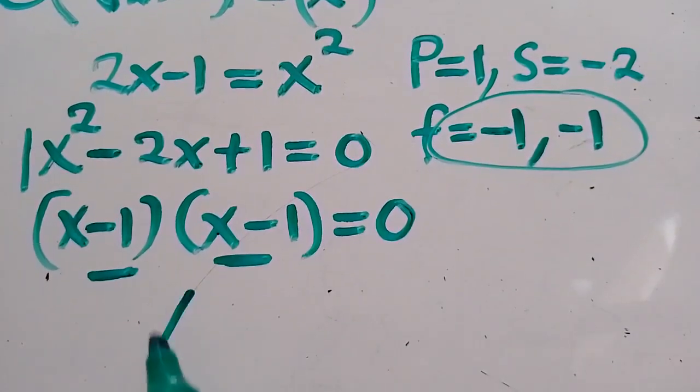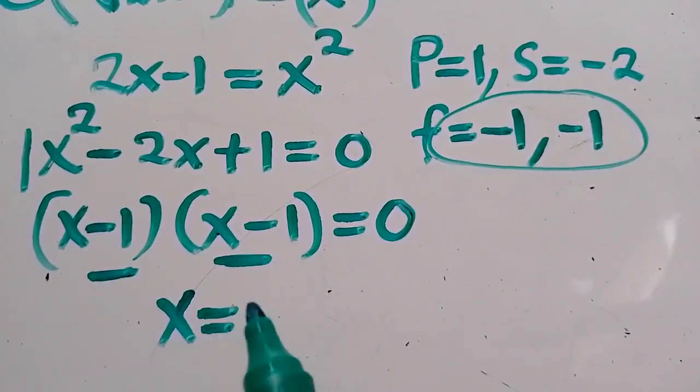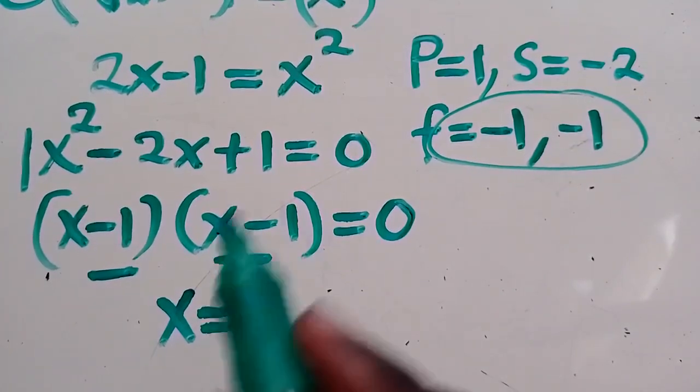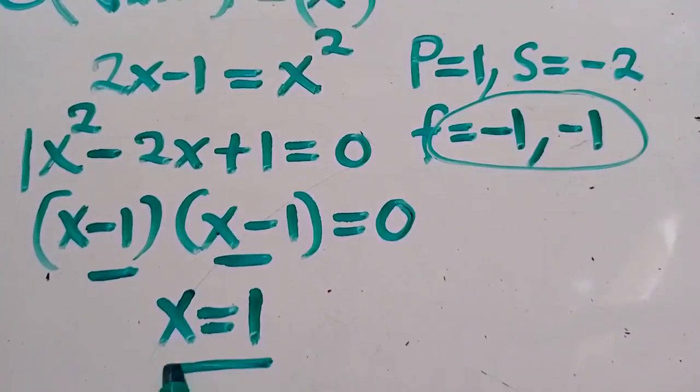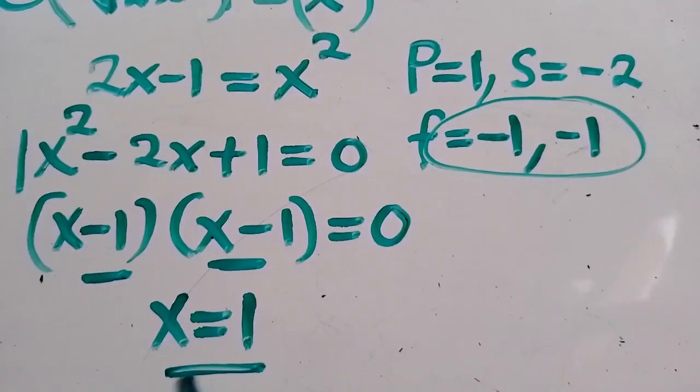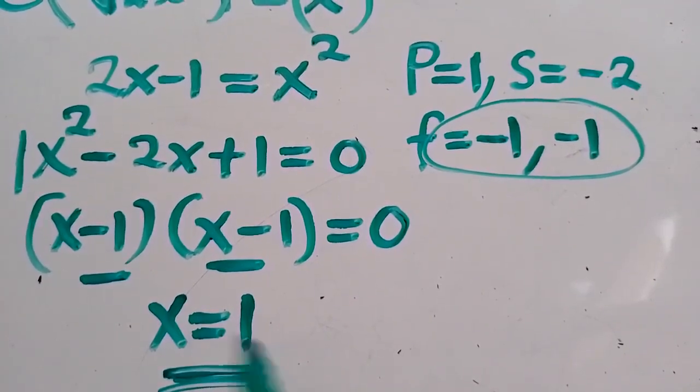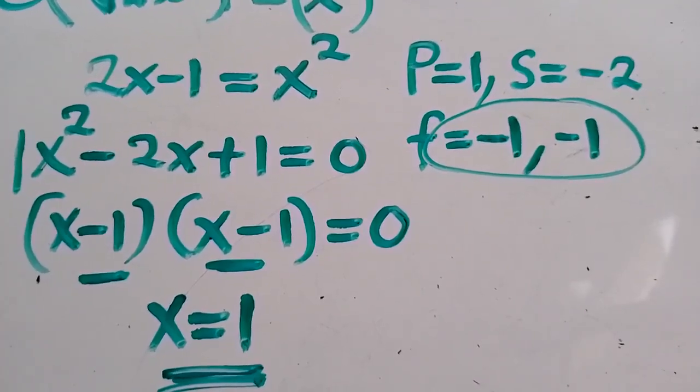So x will be equal to 1. These are the steps that you need to do. So there is no need for us to check for extraneous solutions because the answer is definitely 1. So in this case, we found the answer to be 1. This is how we solve this.